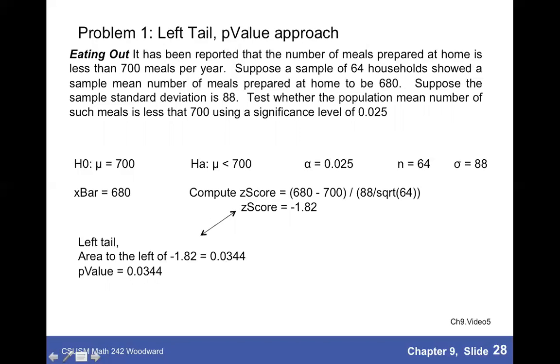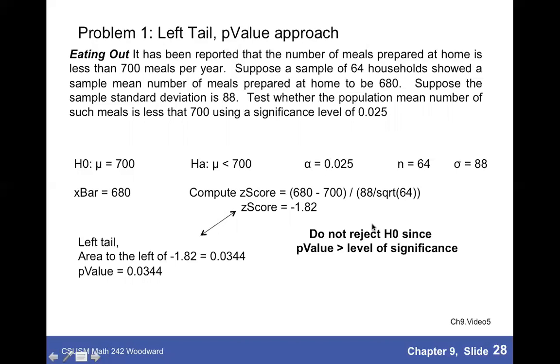So my p-value is 0.0344. Then you compare that to alpha. Remember, the rule was to reject H naught if the p-value is less than alpha. The p-value is not less than alpha, so I do not reject.